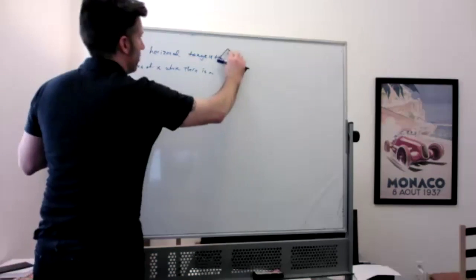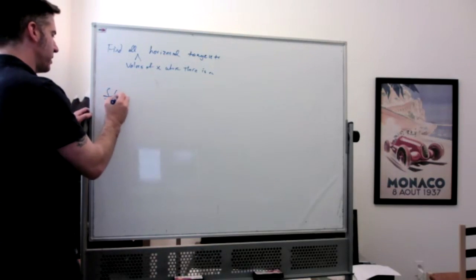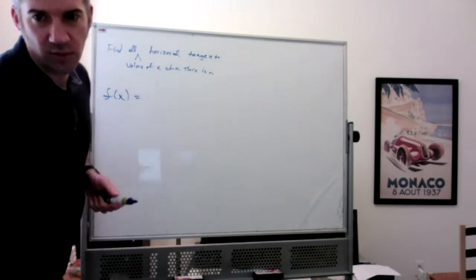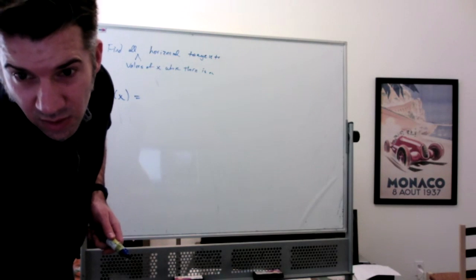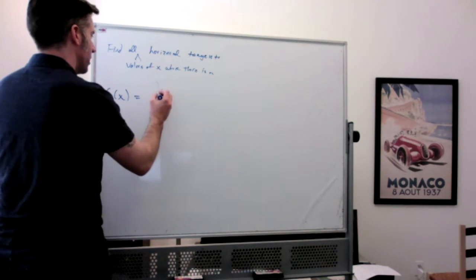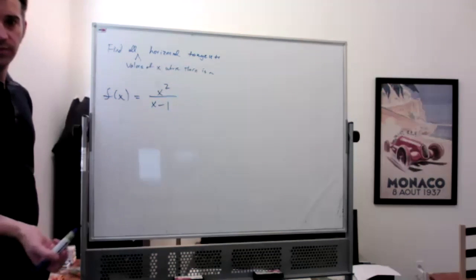For the following function f of x, we're just going to do one, because I forgot there's another rule we need before I can do that. Let's look at f of x equal to x squared over x minus 1.